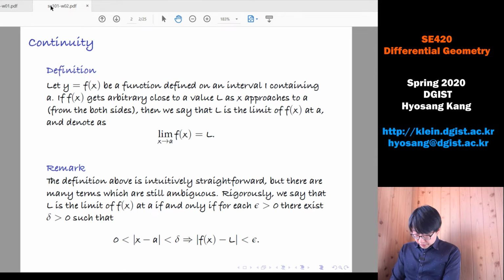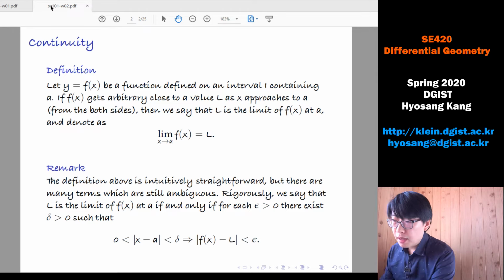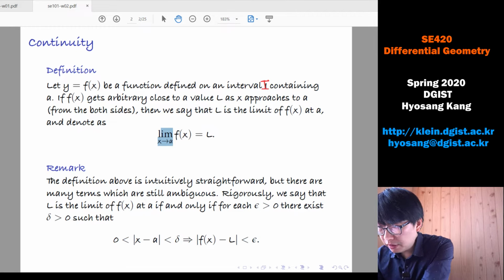So let's start from the definition of continuity. Let y equals f(x) be a function defined on an interval I, containing a. So a is a value in this interval.